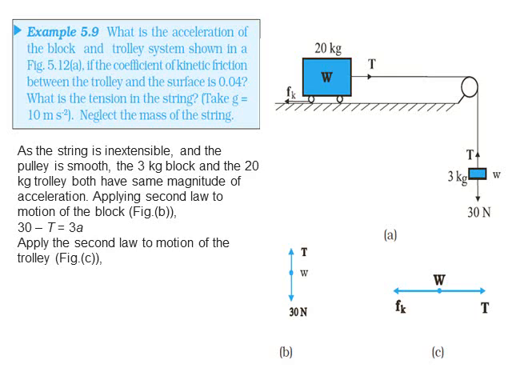Because the string is inextensible and the pulley is smooth, the 3 kilogram block and 20 kilogram trolley both have the same magnitude of acceleration. Applying Newton's second law, 30 minus the tension will give you the net force, and that is 3a.